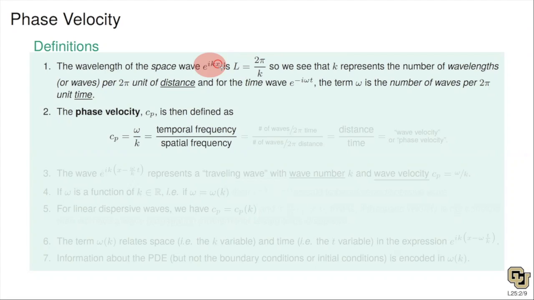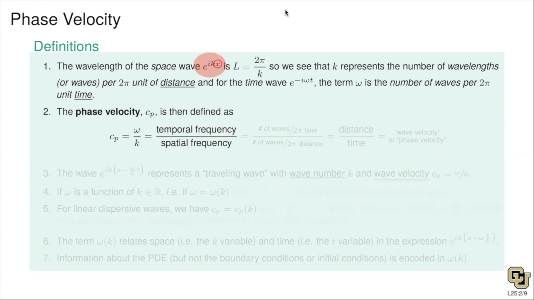If you think of e to the ikx as cosine kx plus i sine kx, then the period of the wave is 2 pi over k. So here, k represents the number of waves per 2 pi distance.